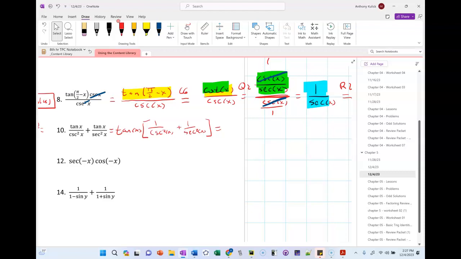I have 1 over cosecant squared plus 1 over secant squared. We do the algebra because they're both squared. What are you thinking you're going to do?